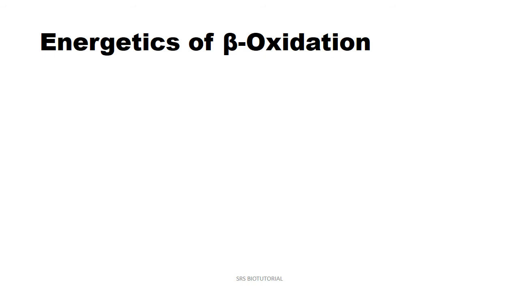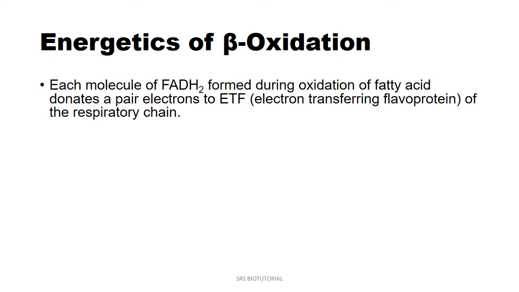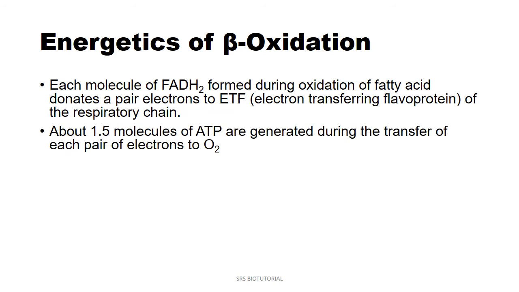Energetics of beta oxidation. Each molecule of FADH2 produced during oxidation of fatty acid donates a pair of electrons to the electron transferring flavoprotein of the respiratory chain. About 1.5 molecules of ATP are generated during the transfer of each pair of electrons to oxygen.